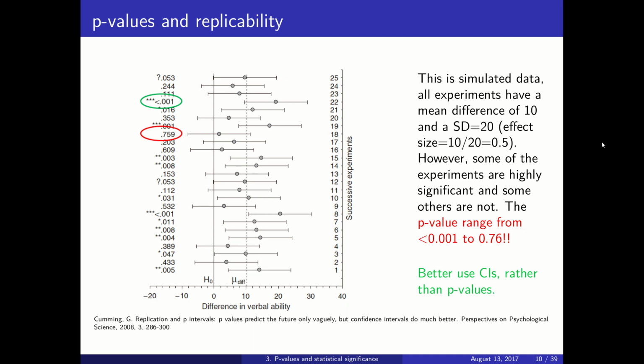So we simulate data for one of the groups, for the other group, and then we compare whether this difference is significant or not. And we compute the p-value for that comparison.